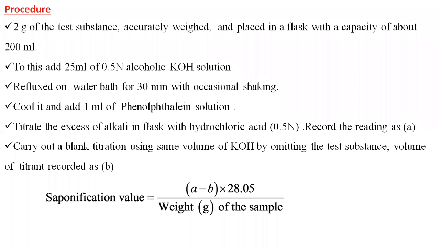In both cases we are adding KOH. In the first case, KOH and sample; in the second case, only KOH, omitting the sample. How much volume of HCl is consumed, you read that and use the given formula to calculate the saponification value.